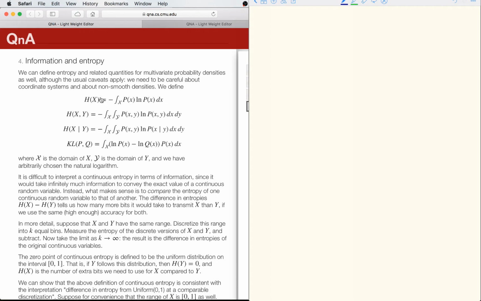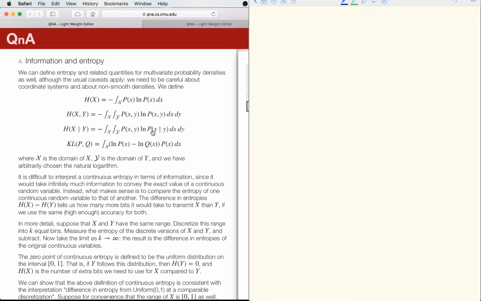So the definition of entropy for a continuous random variable is the integral of p log p, negated. The joint entropy is the same for a joint density function. And then the conditional entropy is, again, the expectation over y of the entropy of the conditional distribution over x.